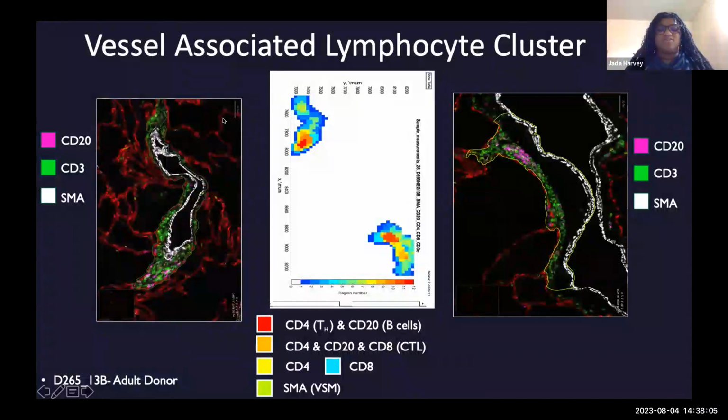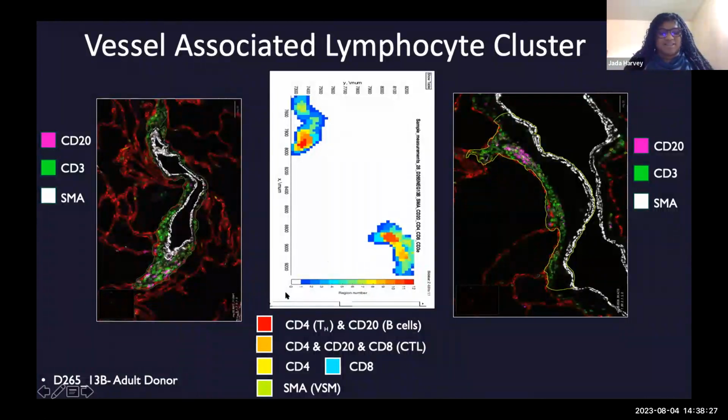Also, these vessel-associated clusters tend to be very few in number. That's why I decided to analyze them both together, just so you could see. It's harder to analyze with only about 100 cells.